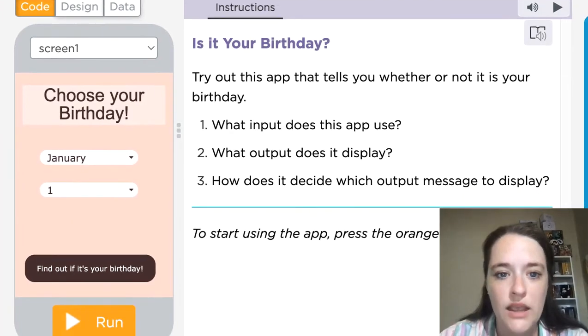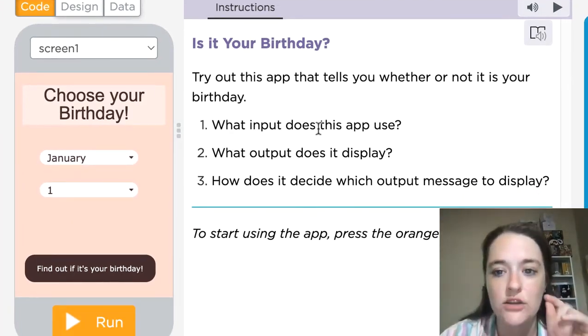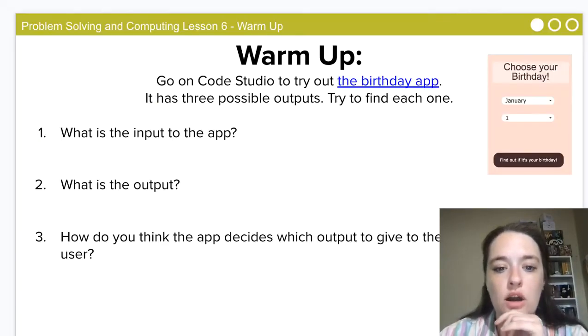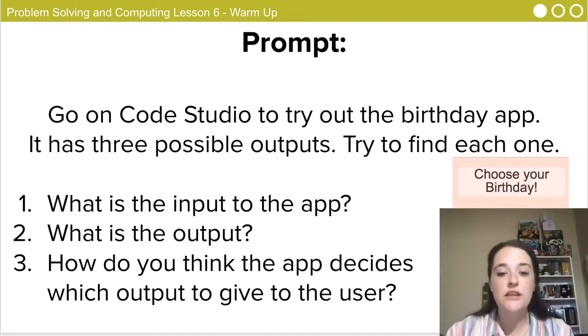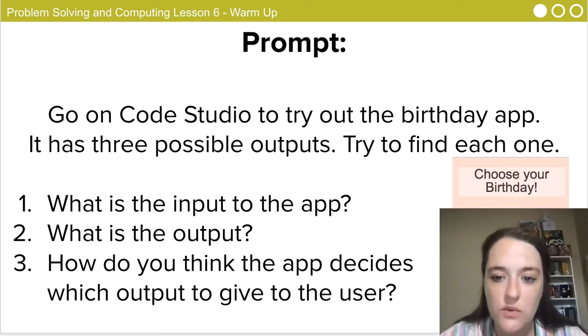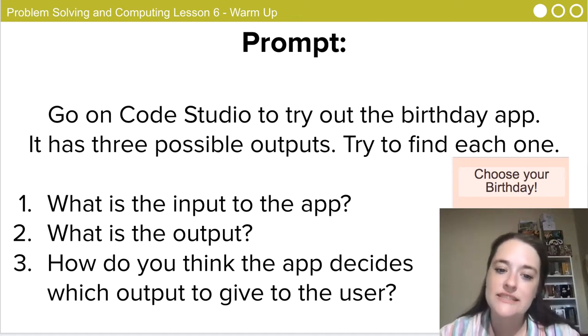Now try out the app that tells you whether or not it's your birthday. We also want to answer these questions in our journal as we go through this app. The questions we want to answer: what is the input to the app? What is the output? And how do you think the app decides which output to give the user?